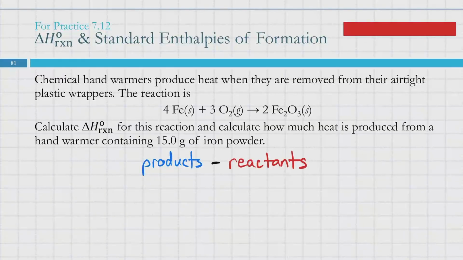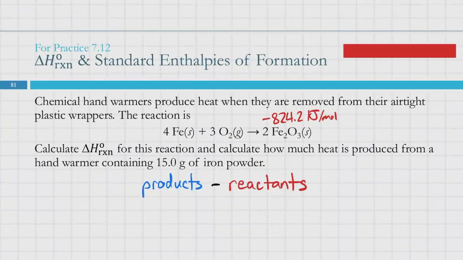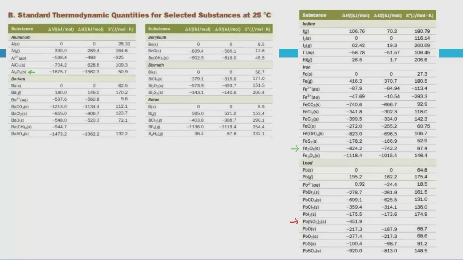So we can go visit a table to find these values. Our Fe2O3 is negative 824.2 for its standard value. I'm going to take us back to the table. Let's look up Fe and O2. I think we're using both the tables. Fe, iron, it's a solid.